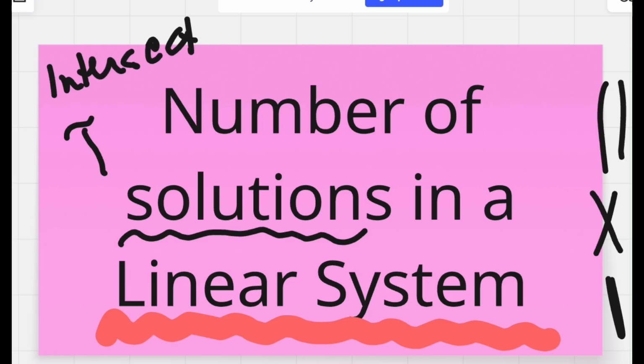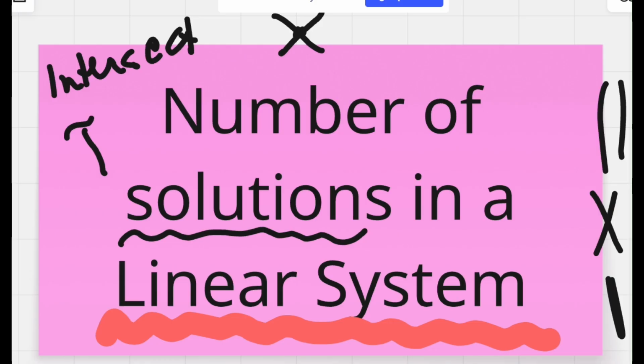Some of you might not know what intersect means, and that's totally fair because it's a new word. Intersect means how many times a line passes through another line. Like this line passes through it once, right?